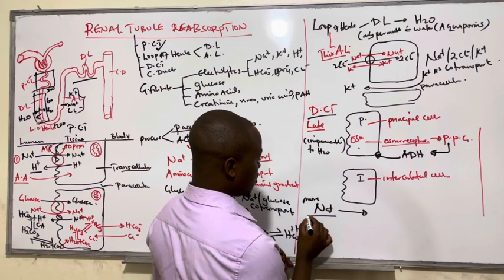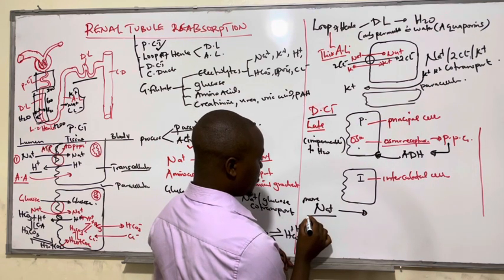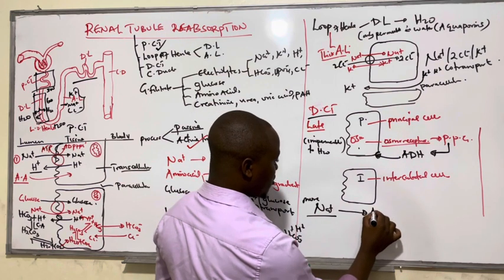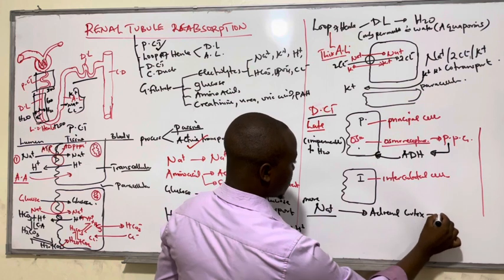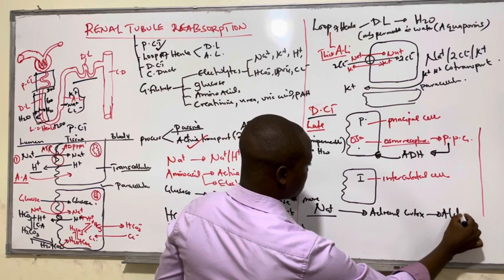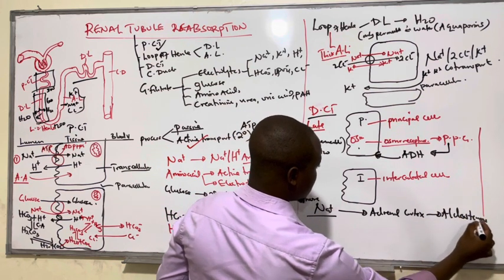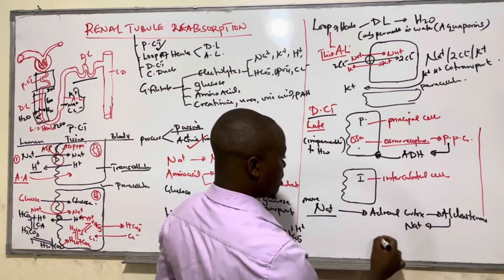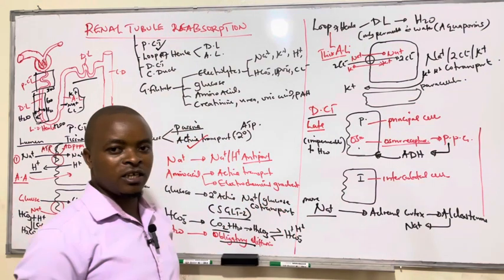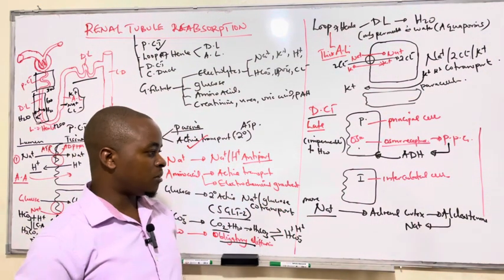If there is little sodium in the blood, it triggers the adrenal cortex. And this adrenal cortex releases aldosterone hormone. And this aldosterone hormone is the one that causes the reabsorption of sodium. If more is needed in the body, we see more reabsorption.